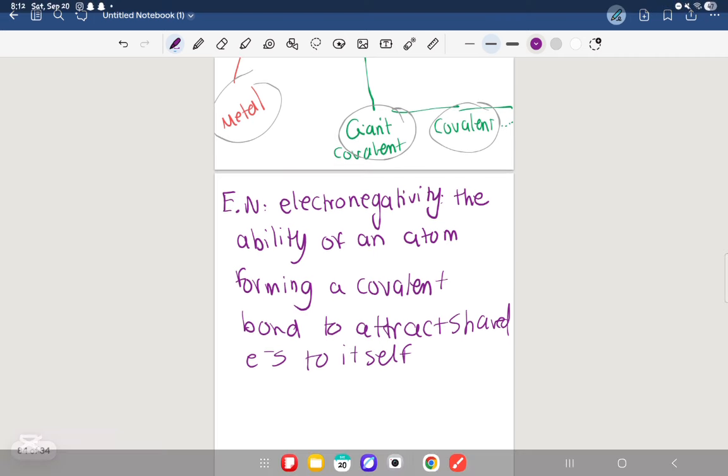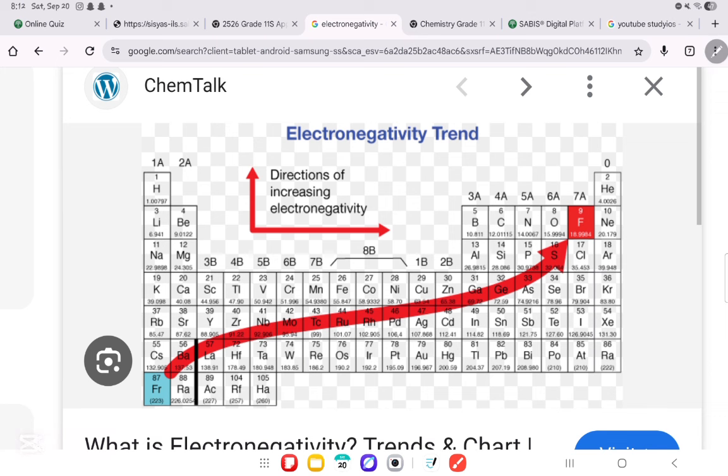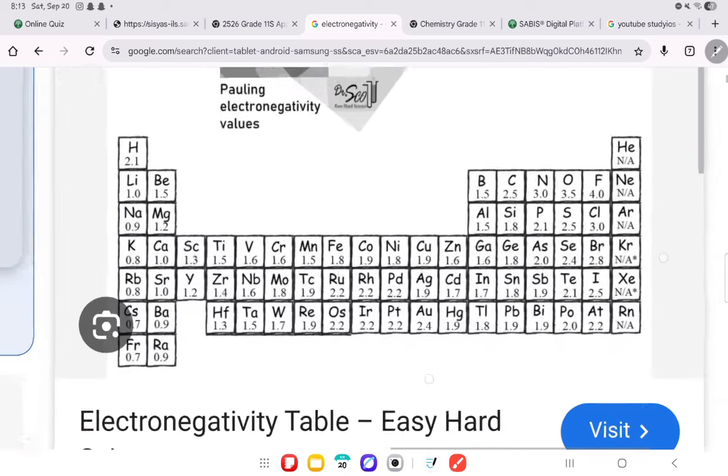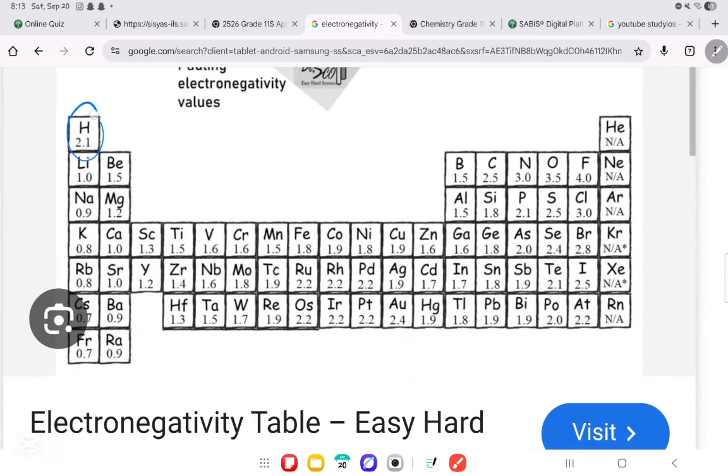Now, I'll just explain what the definition of electronegativity means in this sense. We have two atoms. For example, hydrogen in combination with fluorine, right? They have one covalent bond in which they share an electron.